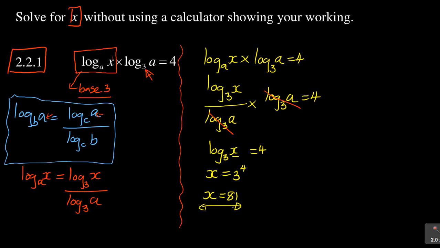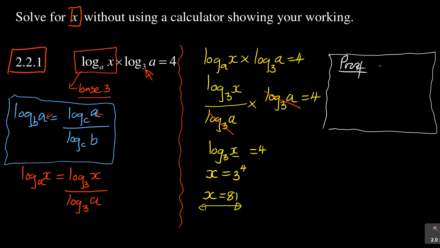All right, now when you have done that, you can actually prove your answer. It's not difficult to prove because you have got your value of x. So proof. Now we know our x is equal to 81, but because we still need our base a, let a be equal to, let's choose base 10 for argument's sake.